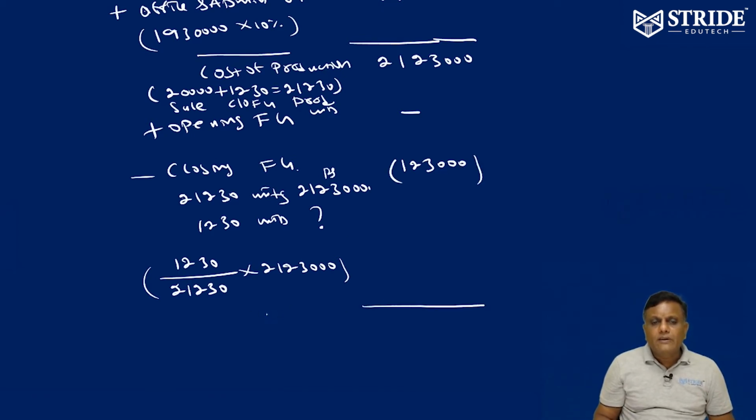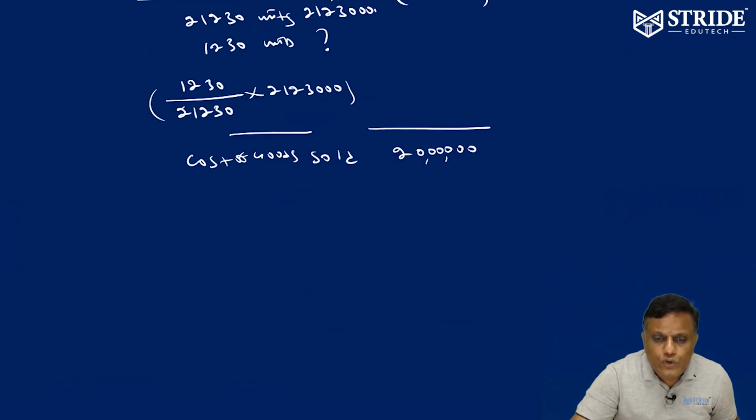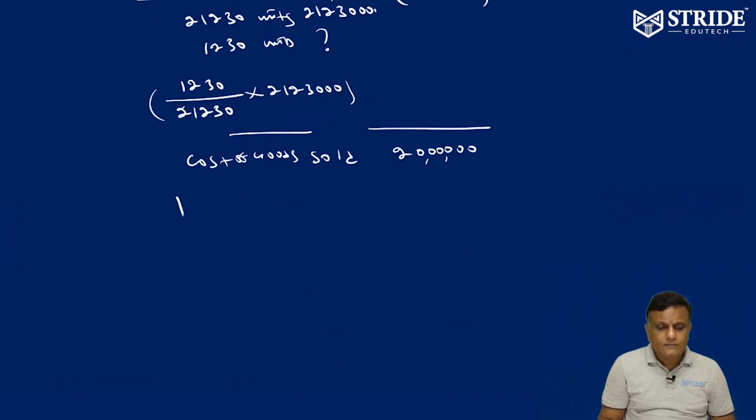After subtracting, you get cost of production plus opening FG minus closing FG, which is equivalent to cost of goods sold. Cost of goods sold is 20 lakhs. With this, we just add selling and distribution overheads, which is 10 per unit of sale.